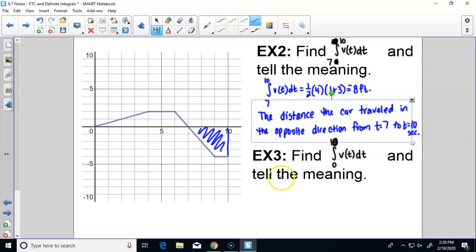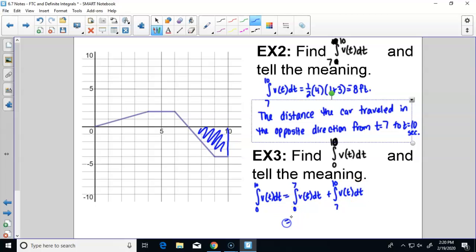3 is a little bit different because 3, if we want the integral from 0 to 10 of v of t dt, we really can't do 0 to 10 all together at one time. We would break this up and do the integral from 0 to 7 of v of t dt plus the integral from 7 to 10 of v of t dt.